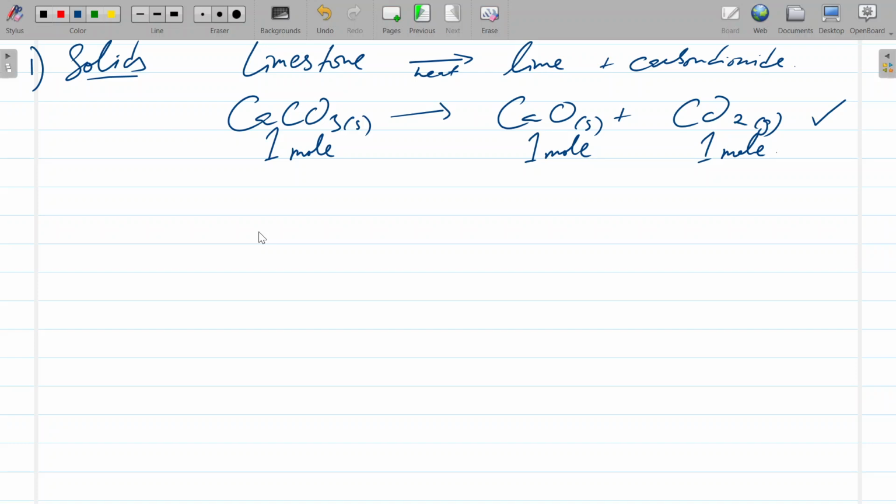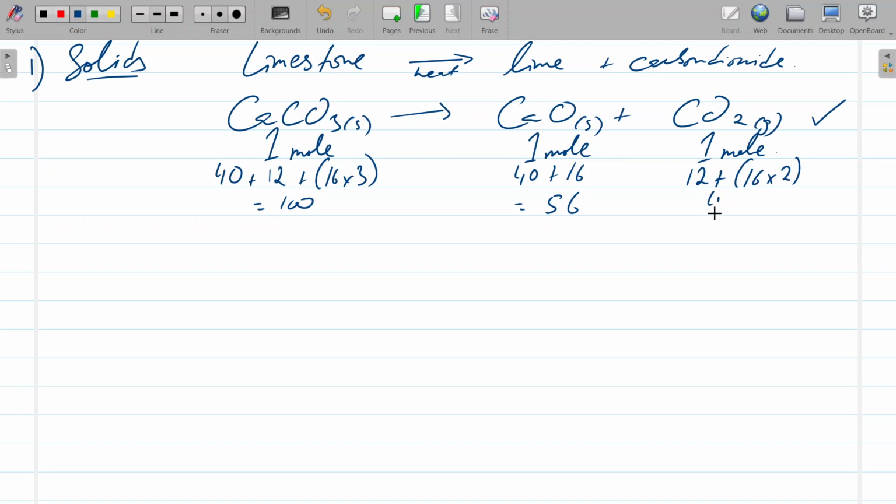So, 40 for calcium, 12 for carbon, and 16 times 3 for oxygen, which will give you 100. Over here, you've got 40 plus 16, and here you've got 12 plus 16 times 2, which is 32. And these give you 56, and 32 and 12 is 44.